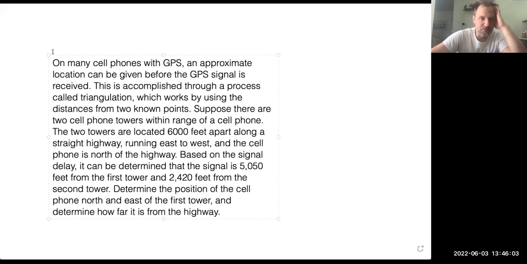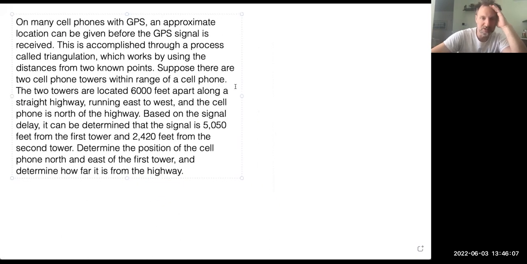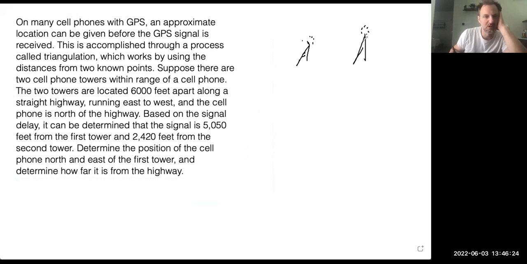Okay, so lots of words, and of course, the starting point has to be you processing everything. So I'm going to start with some basic things. There are 2 towers. So I'll make a little cell phone tower, another cell phone tower, and they're 6,000 feet apart.